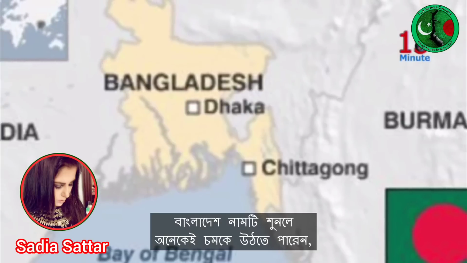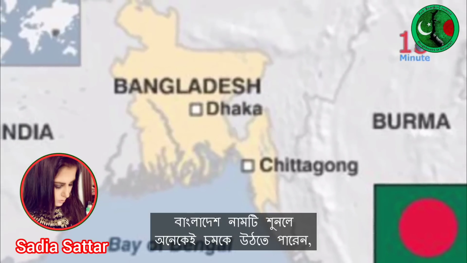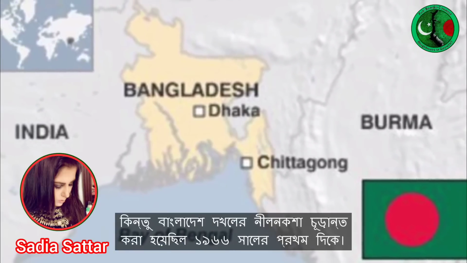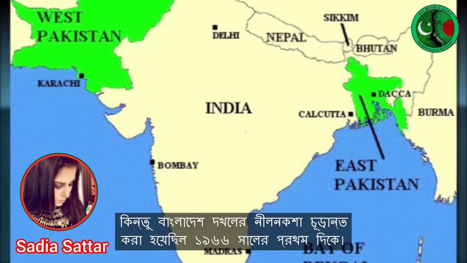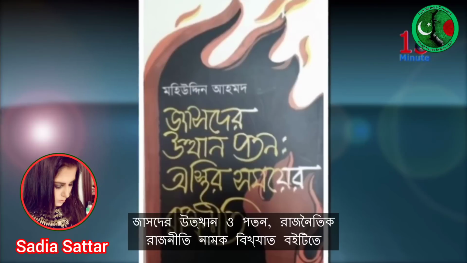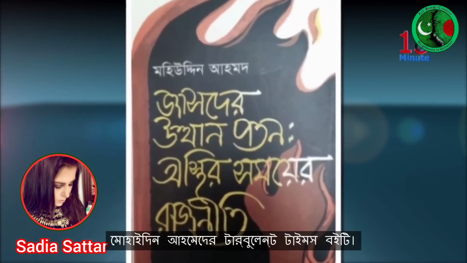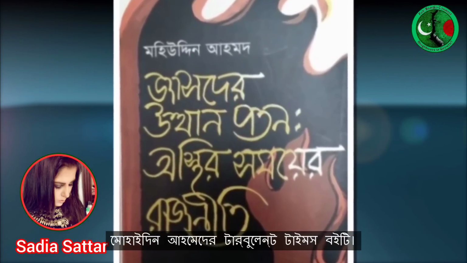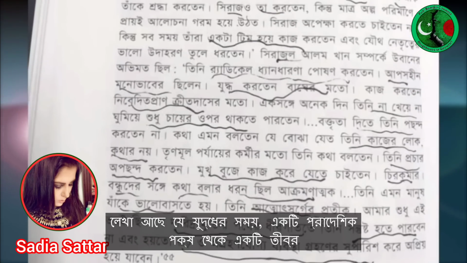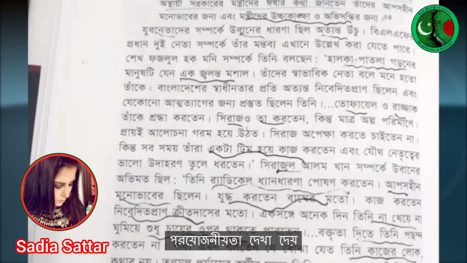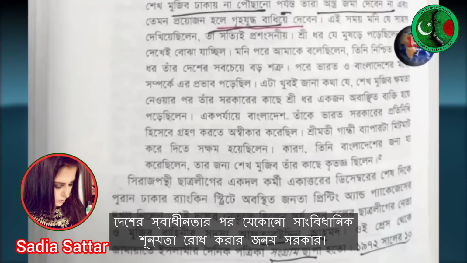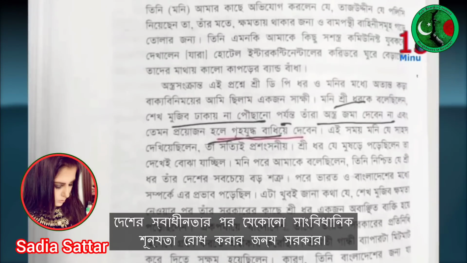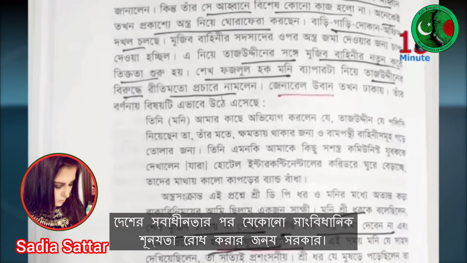Hearing the name Bangladesh, many might be startled, but the blueprint for occupying Bangladesh was finalized as early as 1966. In the renowned book Jasad's Rise and Fall, Politics of Turbulent Times by Muhyiddin Ahmed, it is written that during the war, a severe necessity arose for a provisional government to prevent any constitutional vacuum after the country's independence.